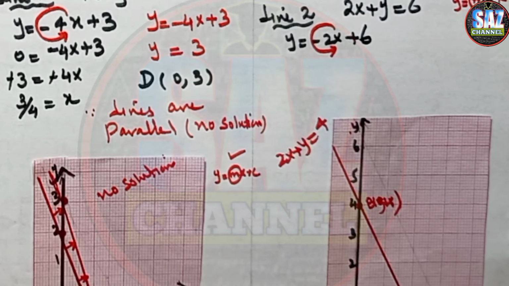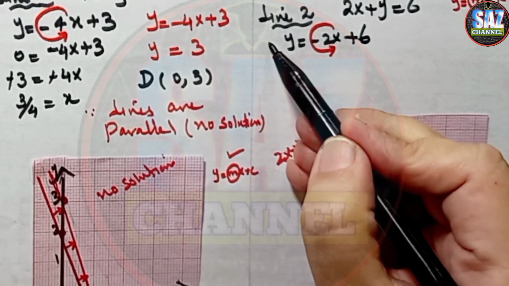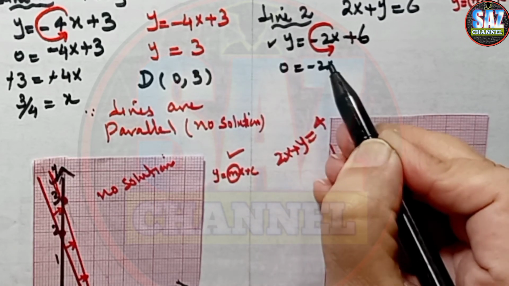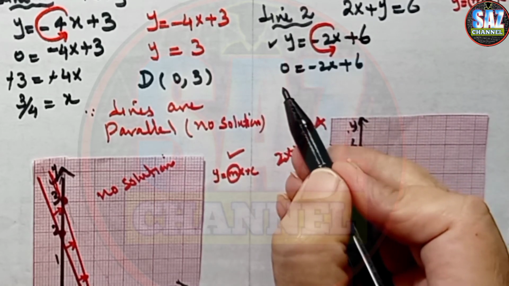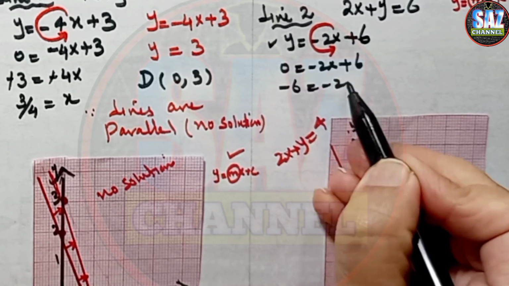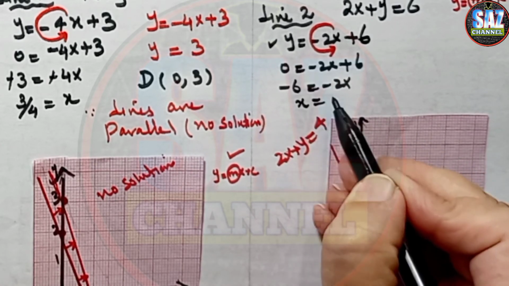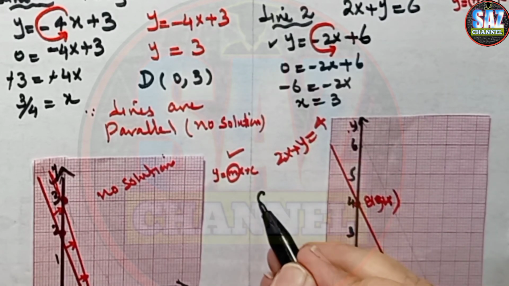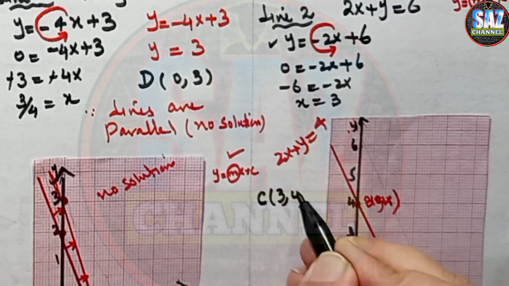For the x-intercept, I have to make my y equals 0. So the equation will take the form minus 2x plus 6, or minus 6 equals minus 2x, or x equals 3. So one of the points will be C, (3, 0).